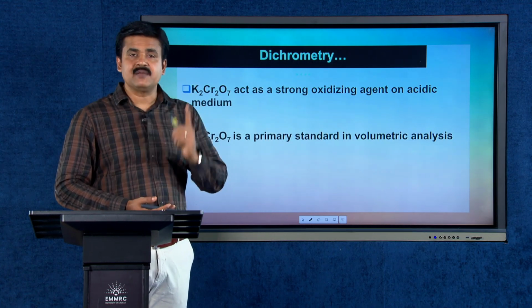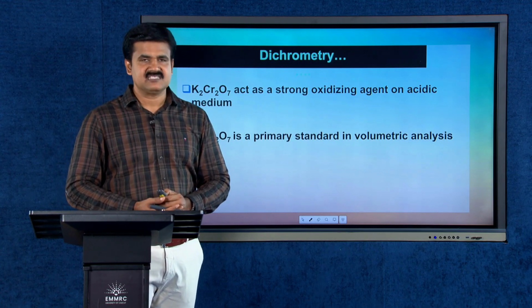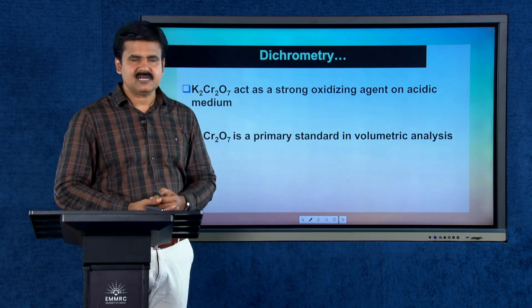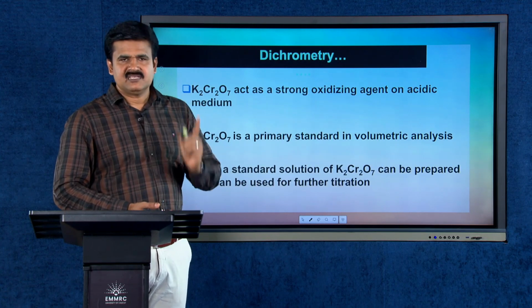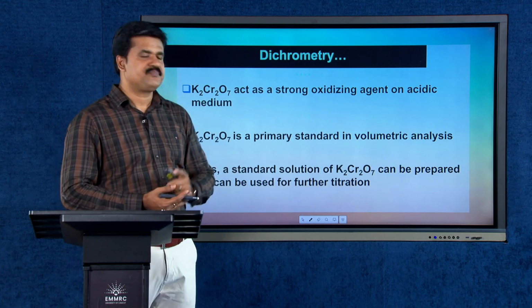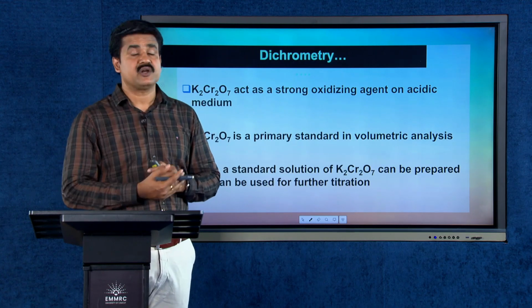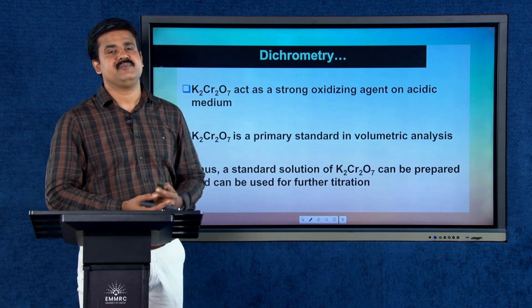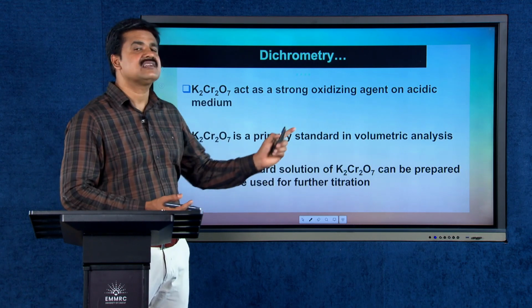K2Cr2O7 is a primary standard in volumetric analysis. This point we made clear, and thus a standard solution of potassium dichromate can be prepared by weighing out a fixed quantity of potassium dichromate and can be used for further titration.